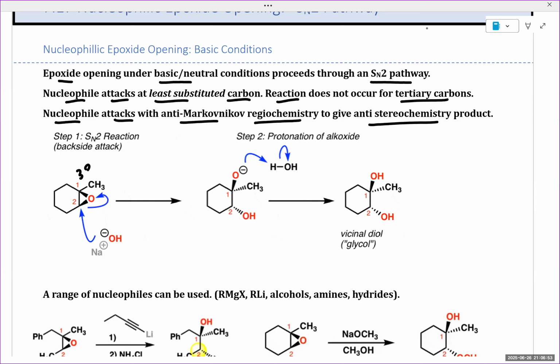So as you can see, if we compare a tertiary and secondary position, because we're under basic SN2 conditions, basic neutral conditions, our nucleophile is going to attack and open the epoxide at the least substituted secondary position. This gives you the anti-Markovnikov product. However, as we note, the net stereochemistry is still anti.